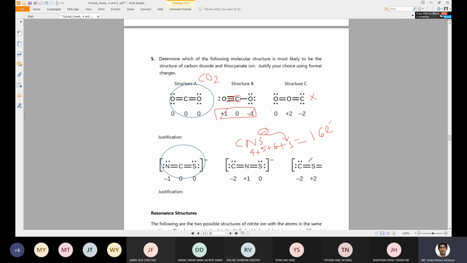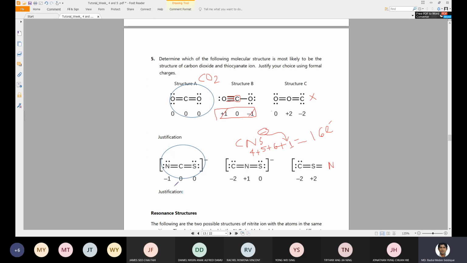It's broken here, but you know the nitrogen is here. There are 16. We have to always make sure there are 16 electrons around this molecule, with the atoms attached.